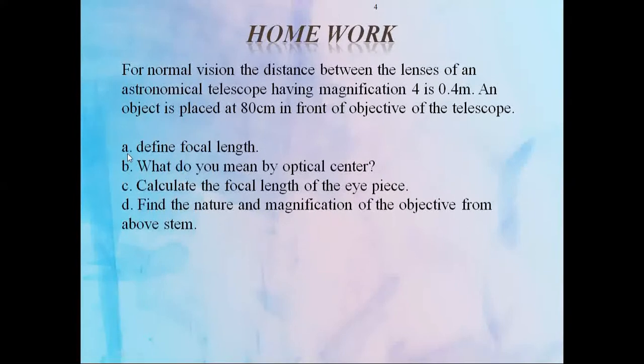Question A, define focal length. Question B, what do you mean by optical center? Question C, calculate the focal length of the eyepiece. And last, question D, find the nature and magnification of the objective from the above.